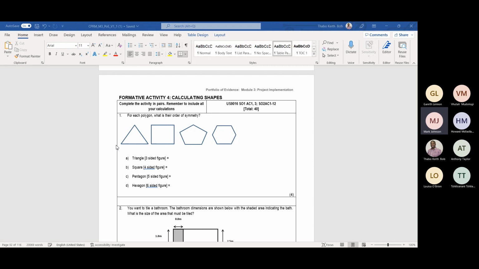So we take length times breadth for the entire bathroom, minus length times breadth for the bath itself. That worked out to 3 times 2.5 minus 1.8 times 0.8. Broken down further, that gave me 7.5 minus 1.44. So the total unshaded area of the bathroom would be 6.06 square meters. You have to say square meters as well, as that is the unit for measuring area.